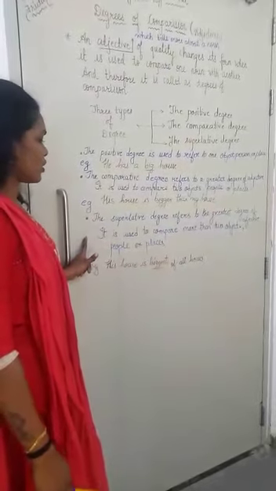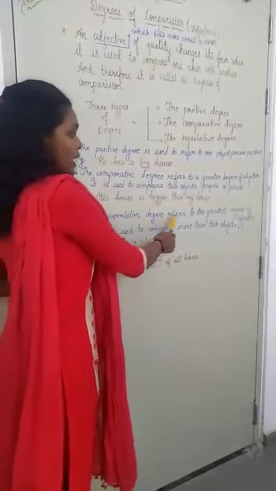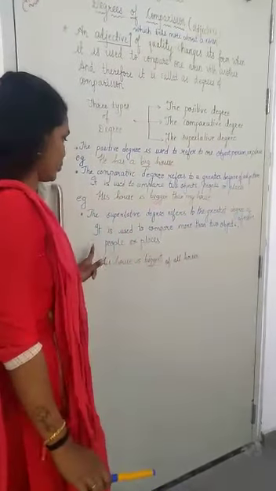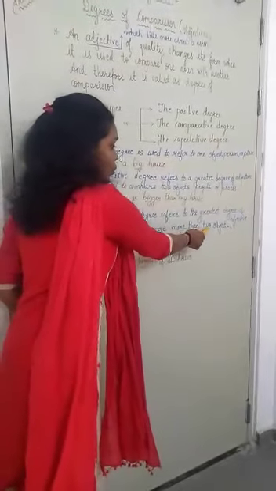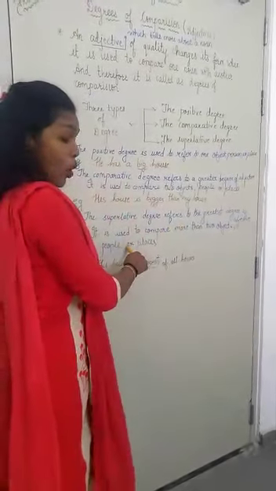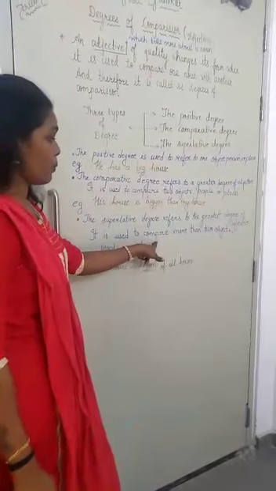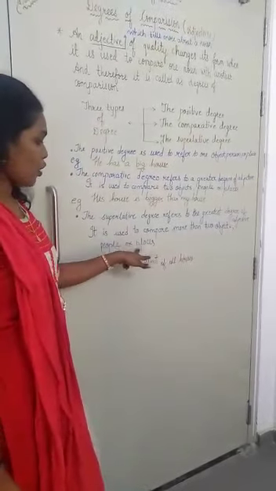Now let's come to the third one, superlative degree. The superlative degree refers to the greatest degree of an adjective. It is used to compare more than two objects, people or places.